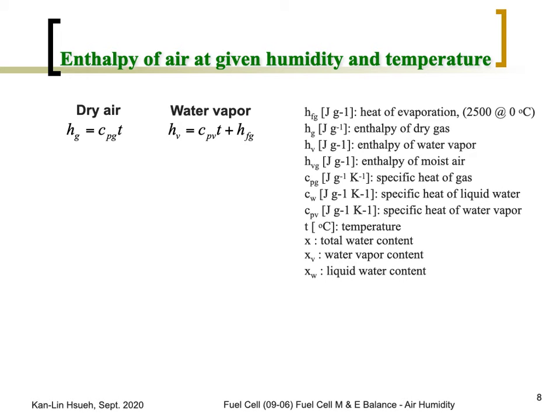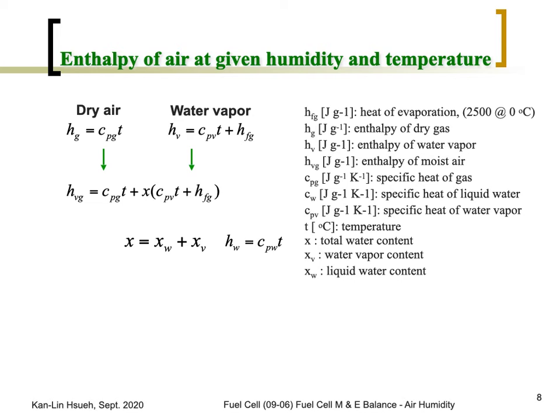So for air containing X amount of water, the enthalpy HVG equals the dry air enthalpy plus the water enthalpy. You can get the wet air enthalpy. But sometimes there are water droplets, and the amount of water droplet is XW.